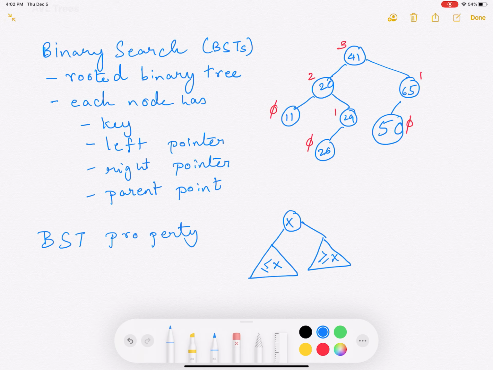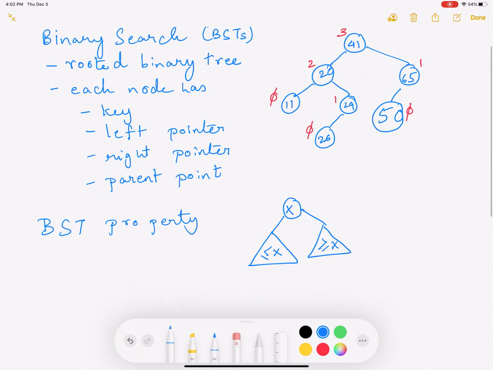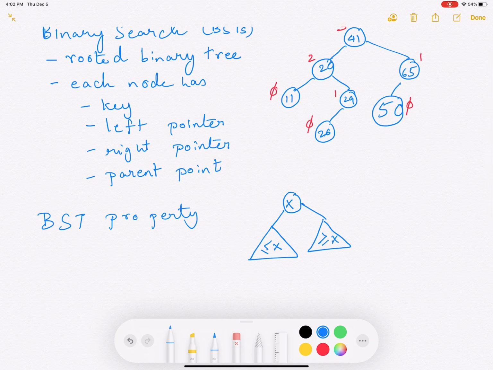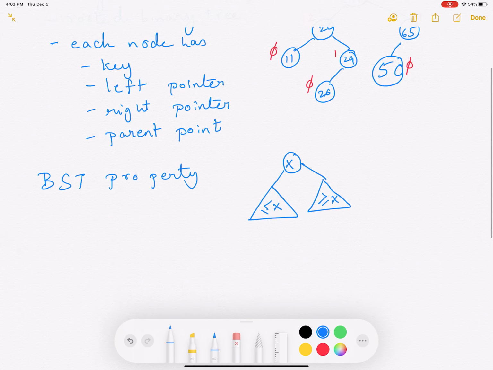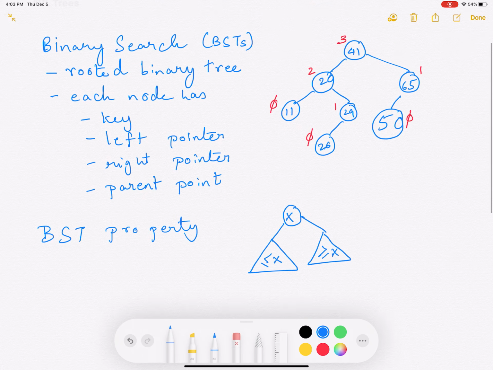It does not matter. The height of this binary search tree is 3, and by definition it is the length of the longest downward path to a leaf. Here the longest downward path to a leaf node goes this way, and hence it is 3.